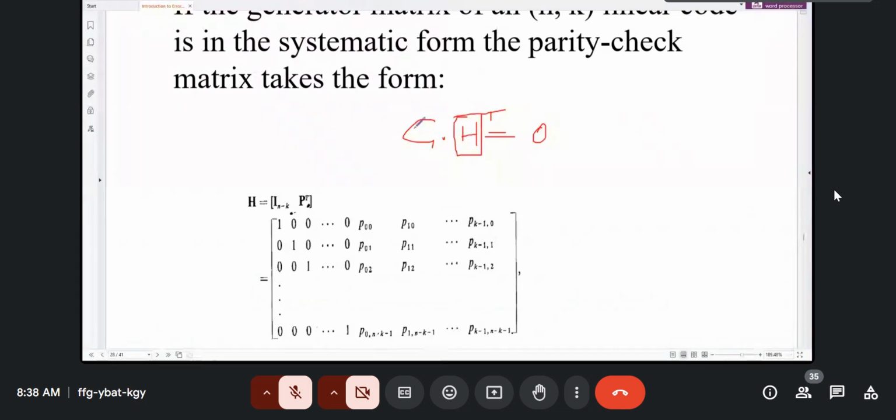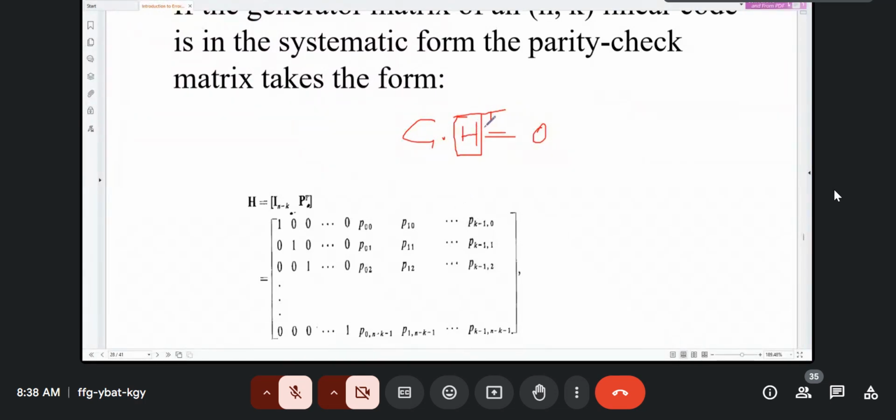If you are multiplying two matrices, then the columns of the first must be the same as the rows of the second. So G H transpose is equal to 0. You can multiply G and H transpose because the number of columns for G must be the number of rows for this, so it must be H transpose.